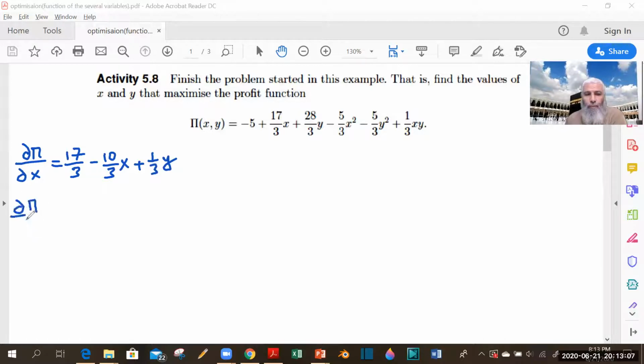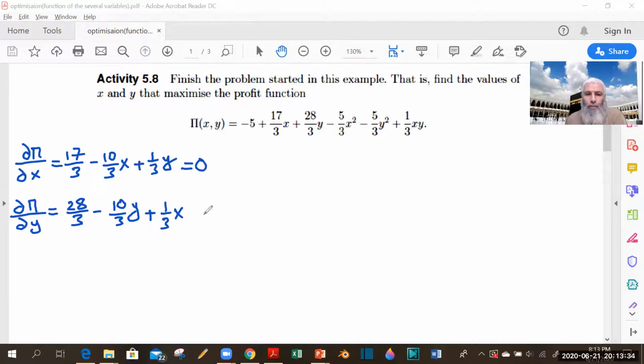The profit derivative with respect to y equals 28/3, just 28/3. Then negative 10/3 y plus 1/3 x.